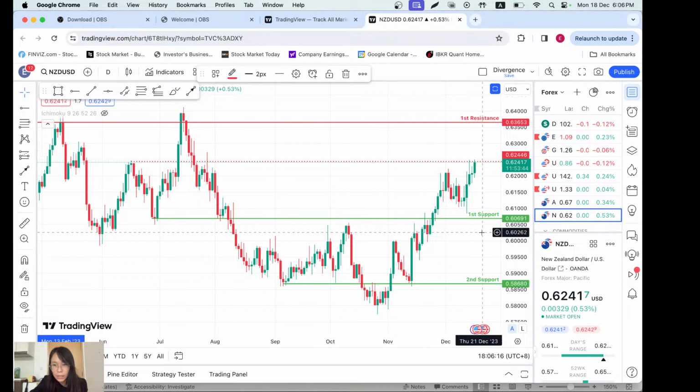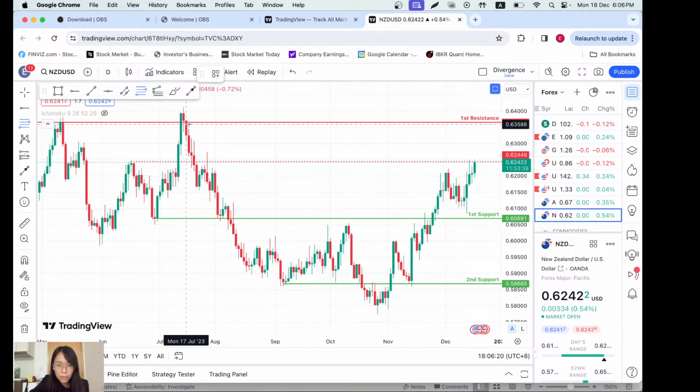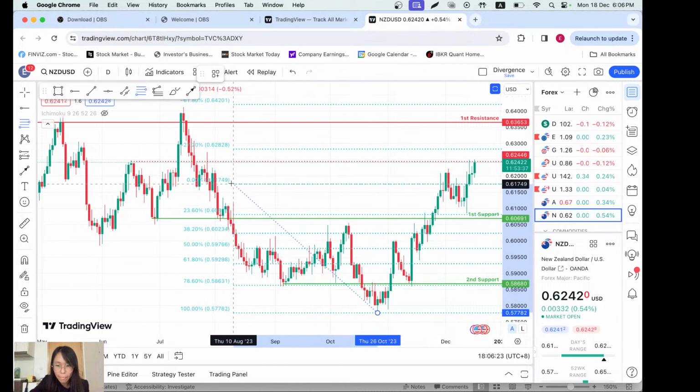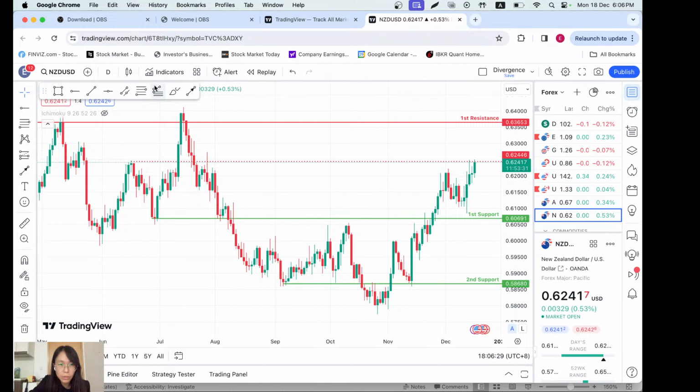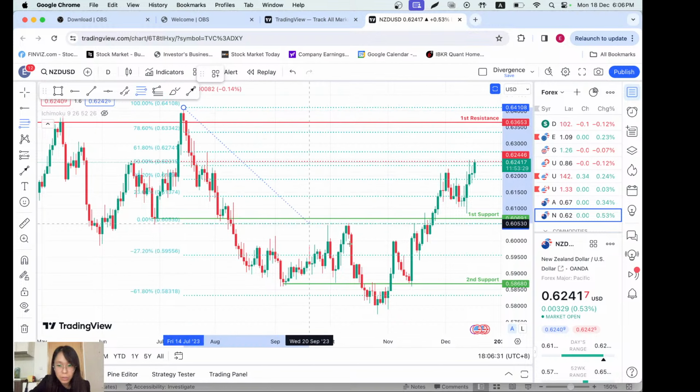So for the daily chart, I could somehow draw a downtrend Fibonacci here.